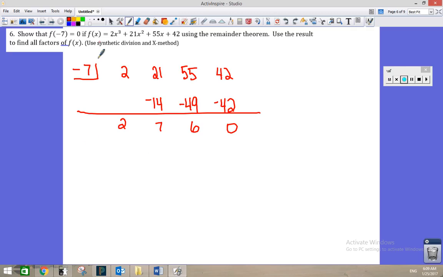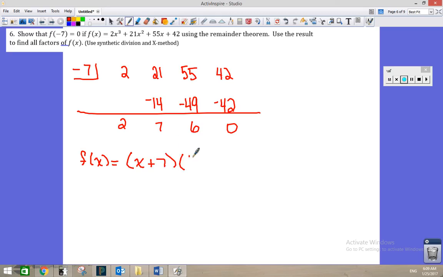All right, now that means that this function f of x can be factored, and see, with 4 terms there, and it doesn't factor by grouping, the only way that I know how to factor this now, they've given me this negative 7 equals 0, f at negative 7 equals 0. In factored form, that negative 7 is written as x plus 7.